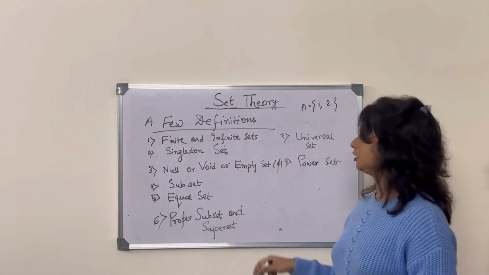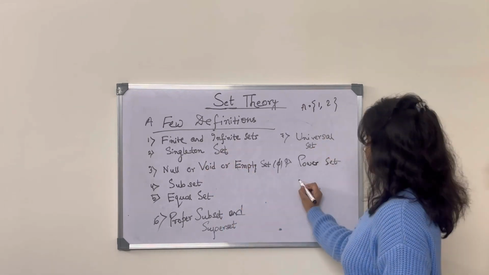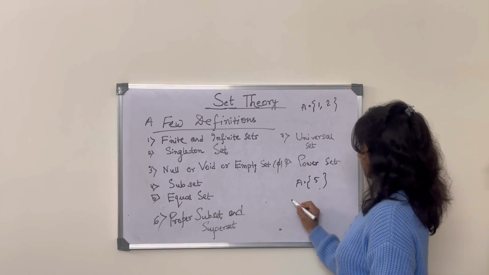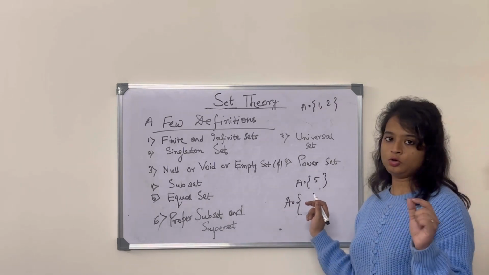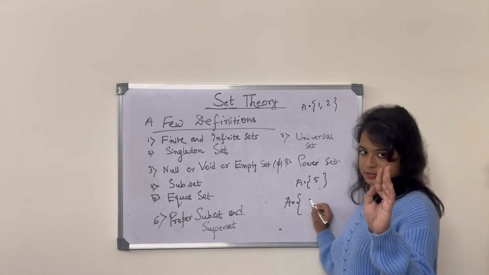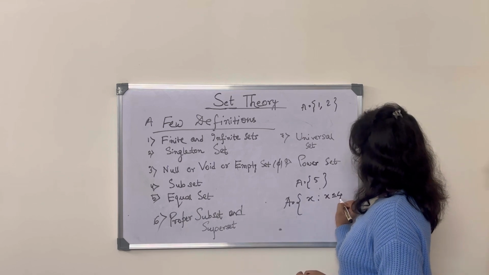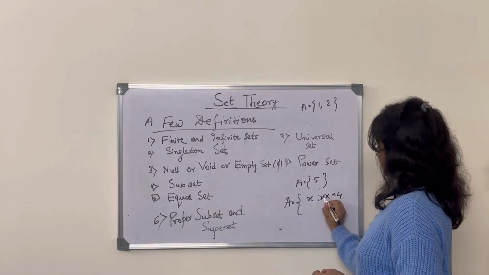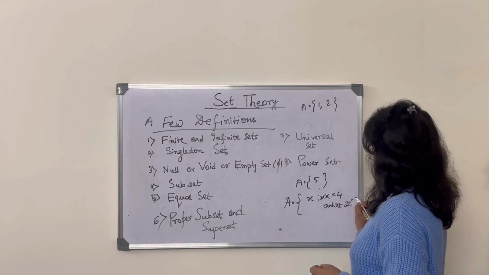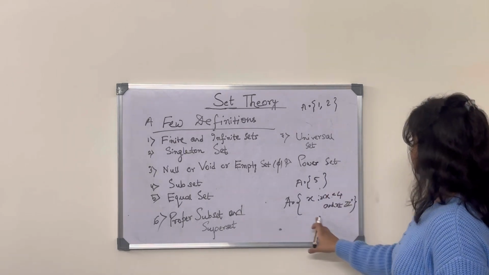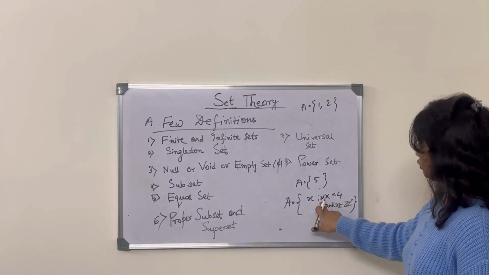Next, singleton set. A singleton set is that set which contains exactly one element. Like this is a singleton set. If we consider the set of all positive integers between 2 and 4, like {x such that 2 < x < 4 and x belongs to the set of all positive integers}, we will pronounce it like that: set of all positive integers between 2 and 4.